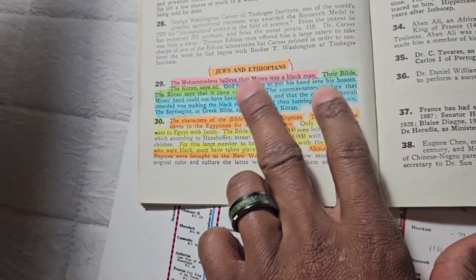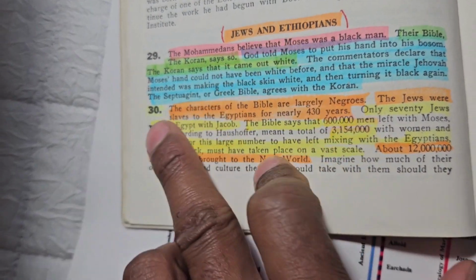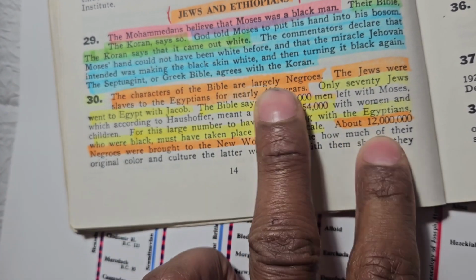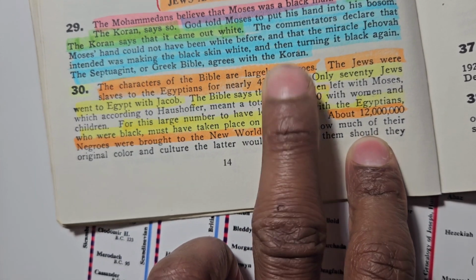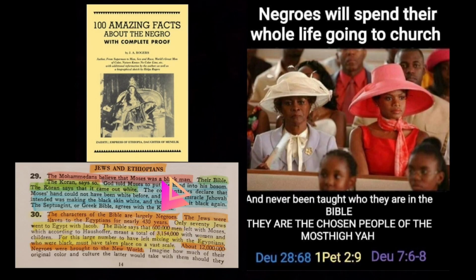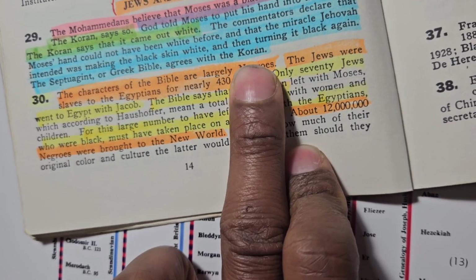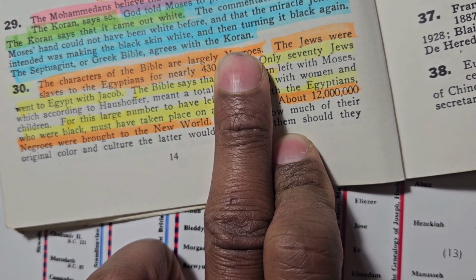It says it right here, Jews and Ethiopians. Number 30, the characters of the Bible are largely Negroes. Okay, this is our story. It's our history, law, history, and prophecy.